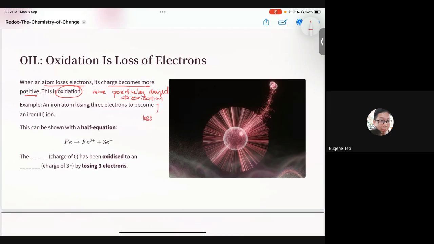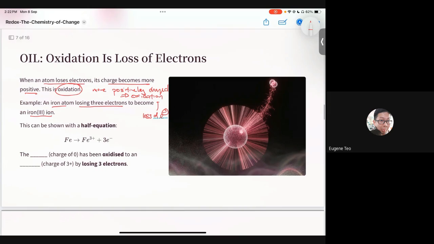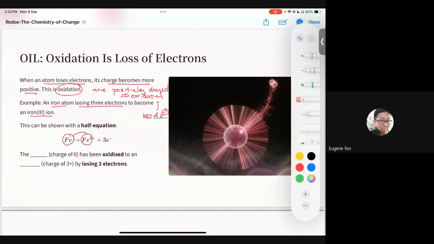Because there's loss of electrons. Okay, so an example: an iron atom loses 3 electrons to become an iron 3 ion. This can be shown here. So you can see Fe became Fe3+.